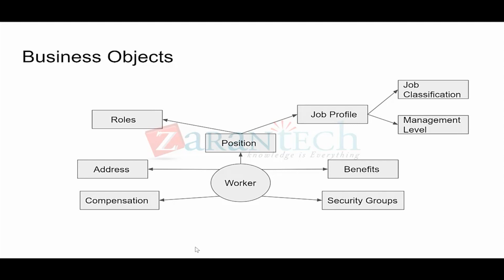But based on what scenario you are in, let's say you want to build a report specifically for, like you said, benefits. In those cases, wherever you want to get your maximum data out from becomes your primary object. So in cases where you want more data from benefits, benefits would become your primary business object, and things attached to benefit become your related business objects. So in this example only, worker is the primary business object.